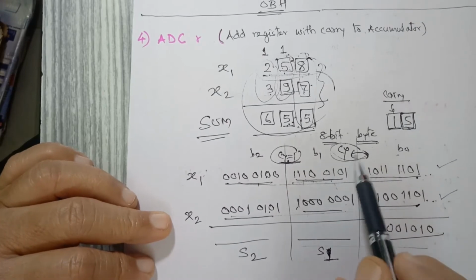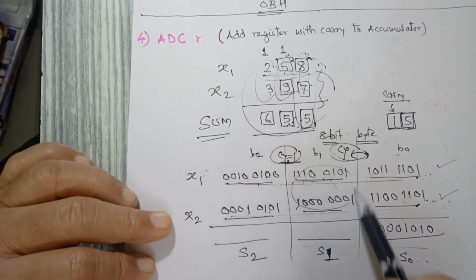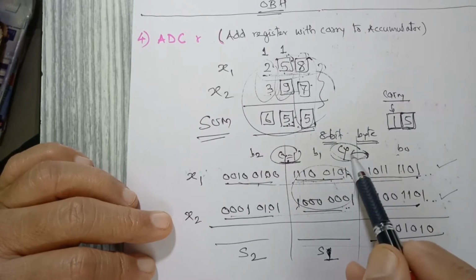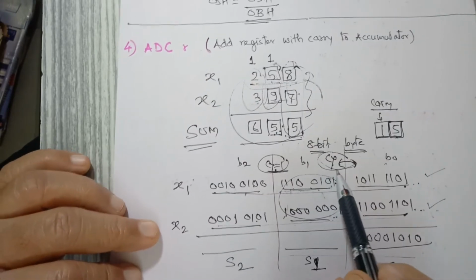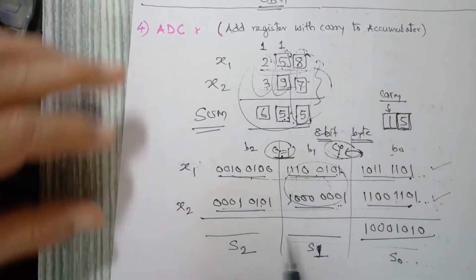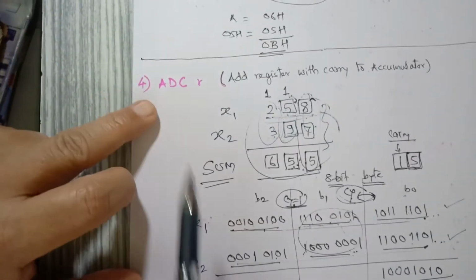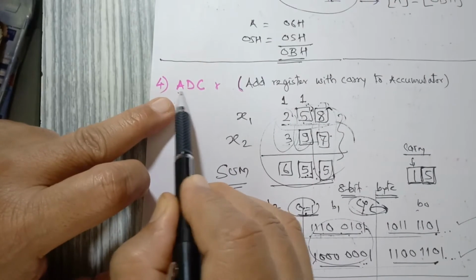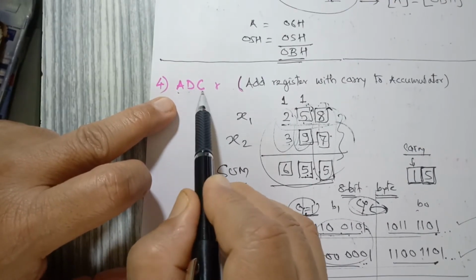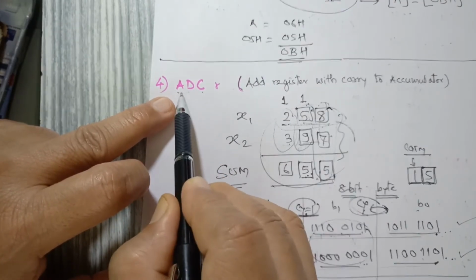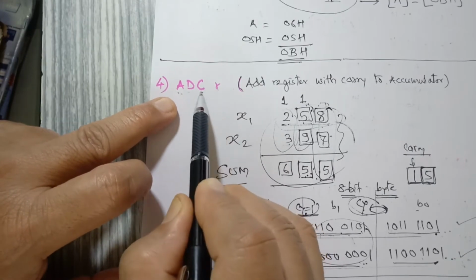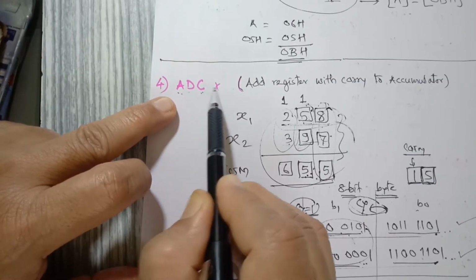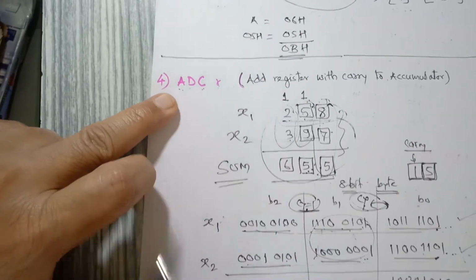So how do we add this carry to these 2 bytes? Here we are adding two numbers along with the carry which has occurred in the previous operation, and for that we have the instruction ADC R. See here, AD means add, C means carry: add register along with carry, and it is always added to the accumulator.